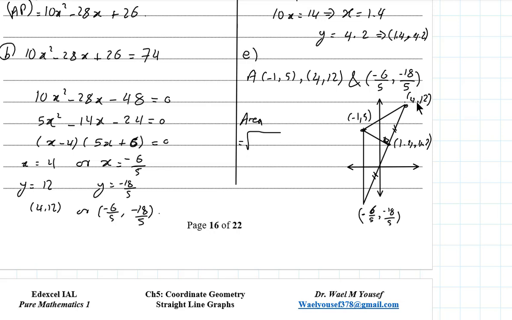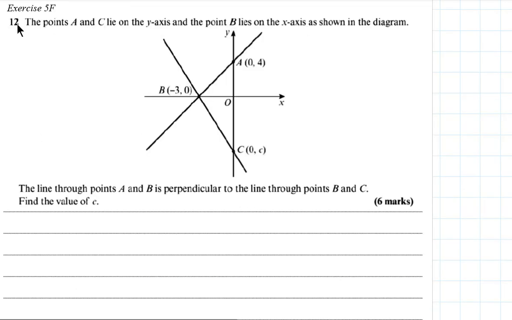The area will be the square root of (4 minus 1.4, which is 2.6) squared, plus (12 minus 4.2, which is 7.8) squared, times half of the base times height, which is the square root of (negative 1 minus 1.4, which is negative 2.4) squared, plus (5 minus 4.2, which is 0.8) squared. By calculating this, the area should be 20.8 squared units.